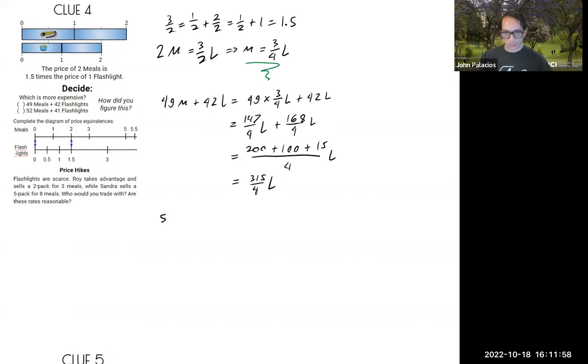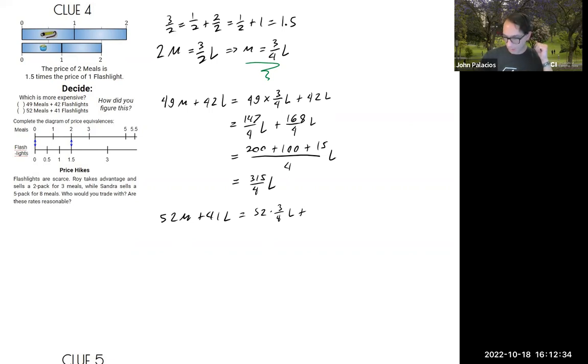So we'll have 52 meals plus 41 flashlights is equal to 52 times 3/4 L. Oh, and this is really handy because 52 is divisible by 4. If you don't believe me, 50 divided by 2 is 25. So 52 divided by 2 is 26. 26 is an even number. It's 2 times 13. So this will be really convenient.